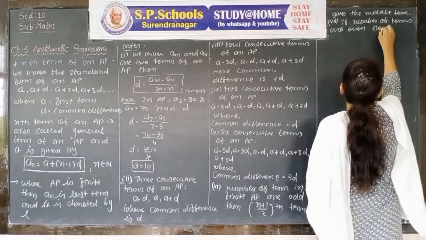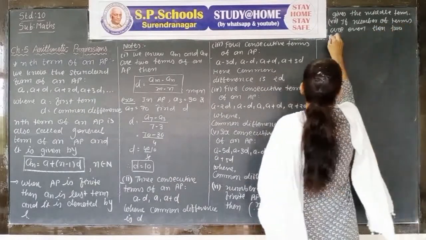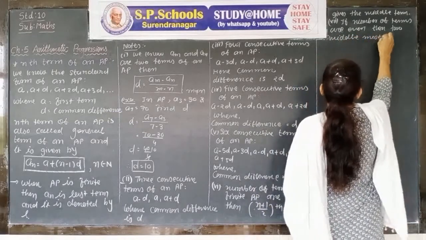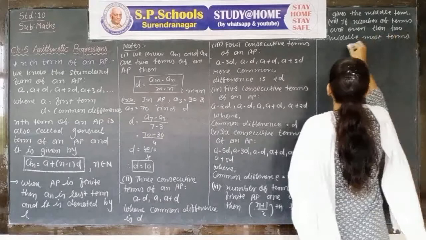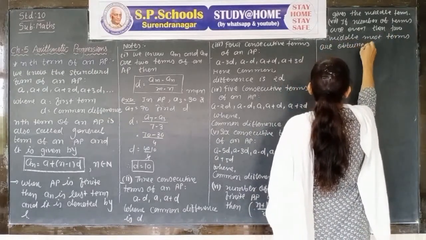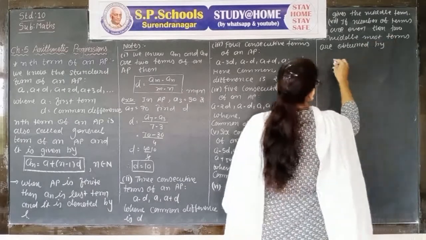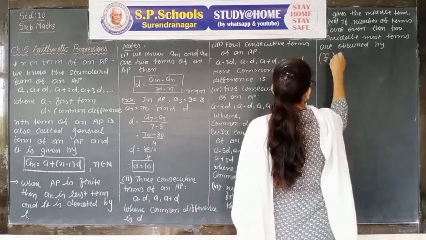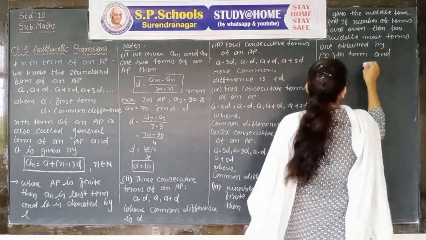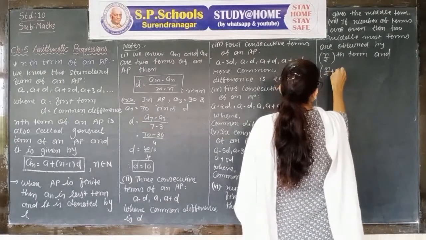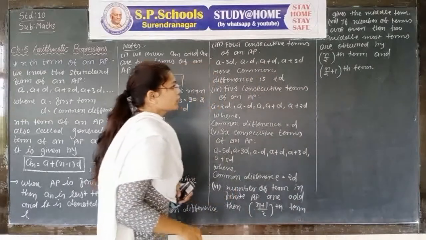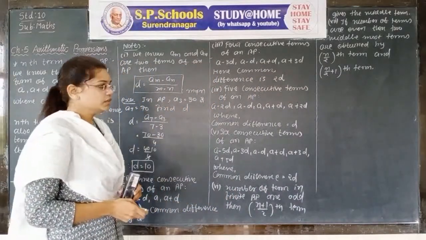If n is even, then the 2 middlemost terms are obtained by the n upon 2th term and the n upon 2 plus 1 term. It is useful in solving a sum.